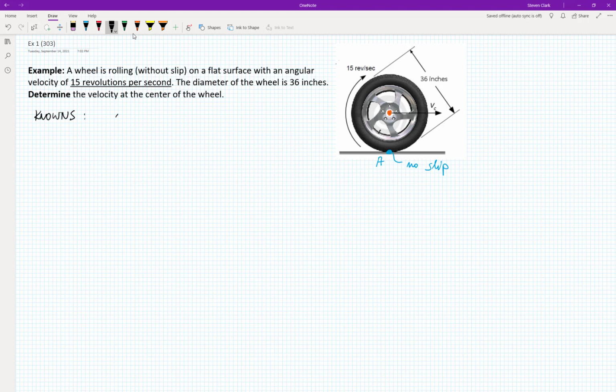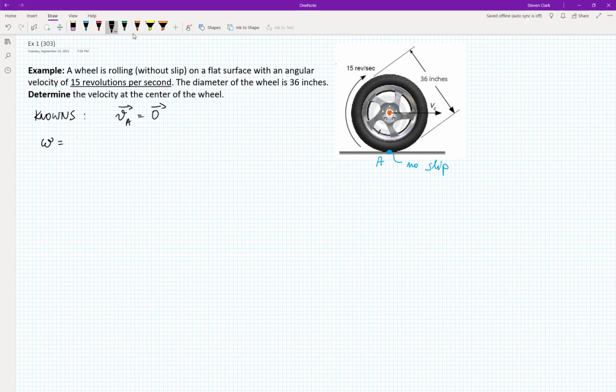We first of all know that velocity A is 0. And then I think that they provided us omega and diameter in units that are a little bit useless for us. So we should probably convert them into those that are useful for us. So let's start with omega.